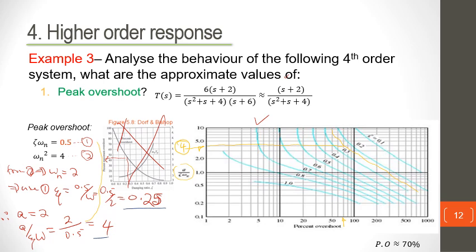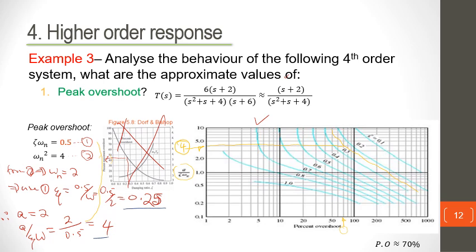So we see that whereas if it was a purely second order system with no zeros, we're going to expect an overshoot of around 45%. In this case, our peak overshoot is going to be much bigger than 45%. So it's going to be something that lies between 50 and 100, definitely above 50.